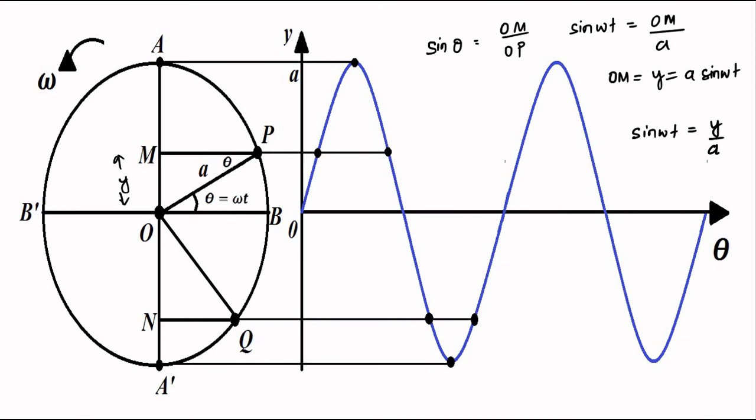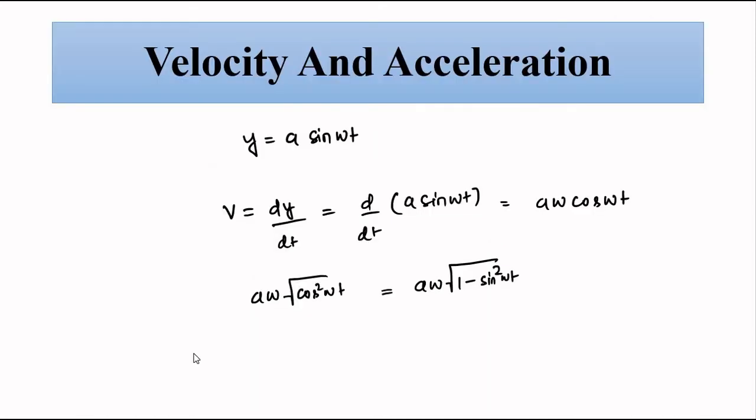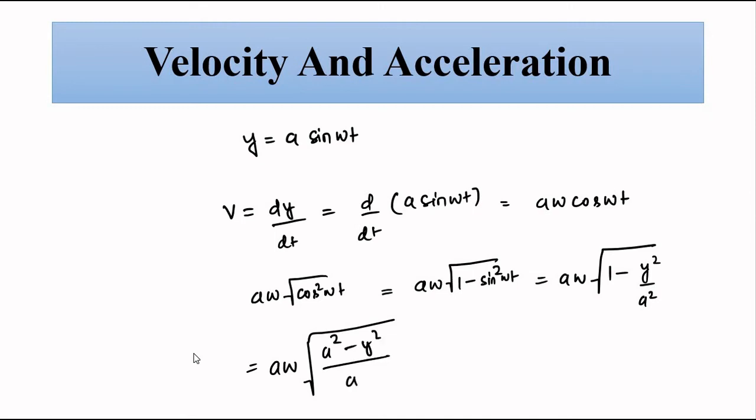So here we can write it as a omega root over 1 minus y by a whole square, or y square by a square, or a omega root over a square minus y square by a square.